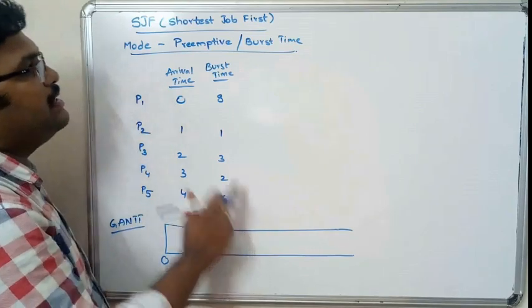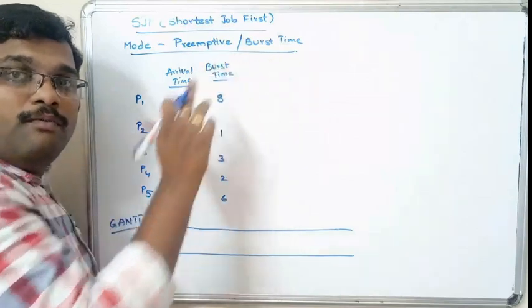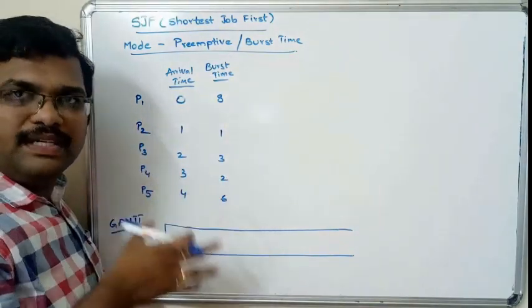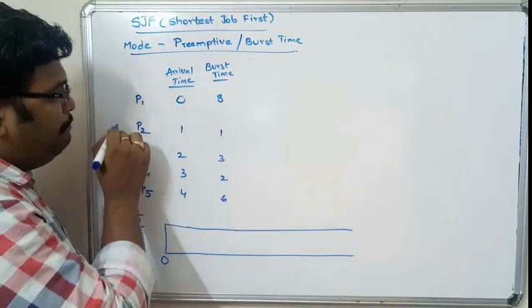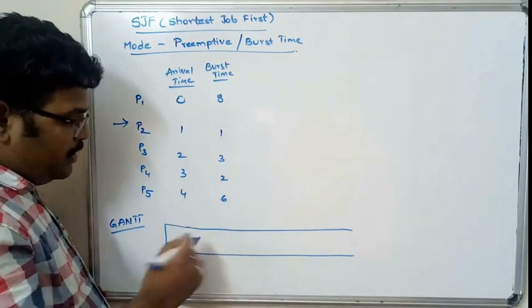So our main problem is here the mode is preemptive and the criteria is burst time. So whichever process has the lowest burst time should be executed first. By observing this, P2 has the lowest burst time among all these 5.